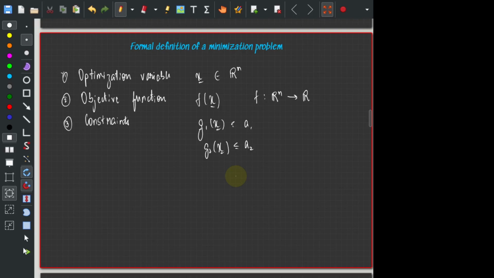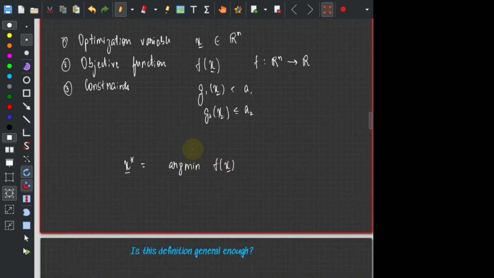Formally speaking, I can define a minimization problem in the following way. Our problem is to obtain, in some sense, a best solution, if one exists, x star, which is that x which minimizes f of x under certain constraints, and these constraints will be modeled as g of x less than or equal to 0, where this g of x is basically a vector.